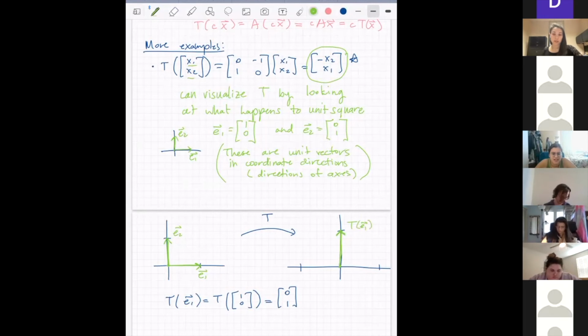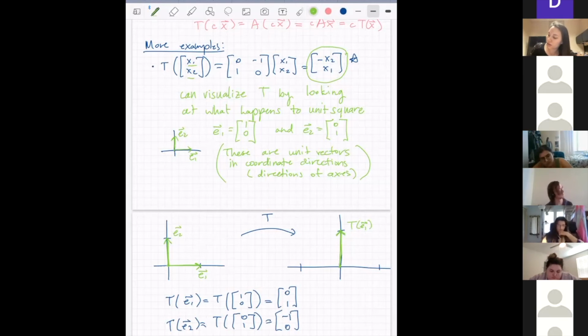Okay, so that's our image of E1. And then we can also compute E2, which is the vector 0, 1. And using our formula, we would get -1, 0. Right?